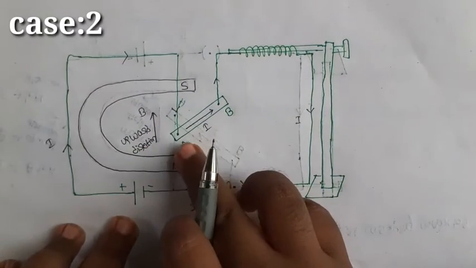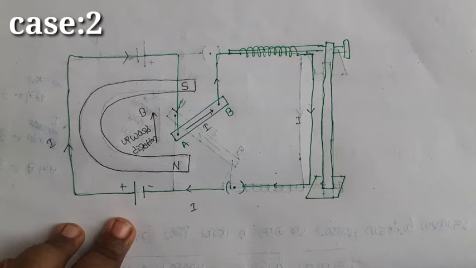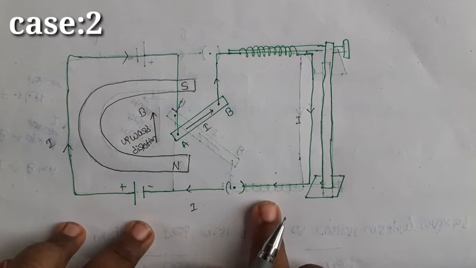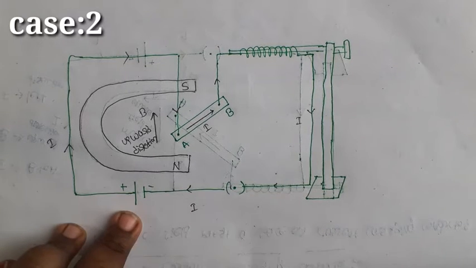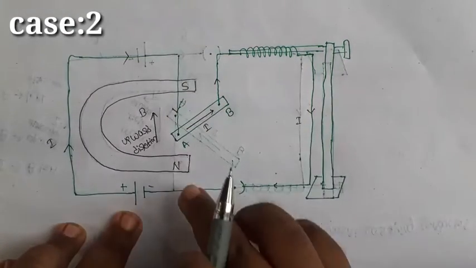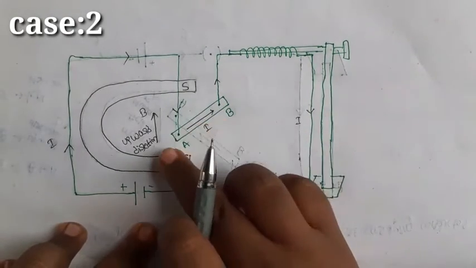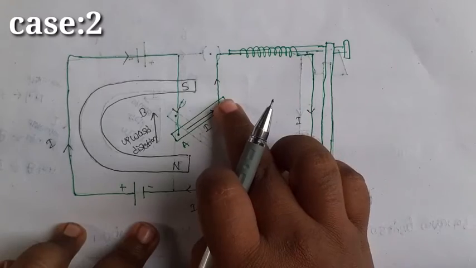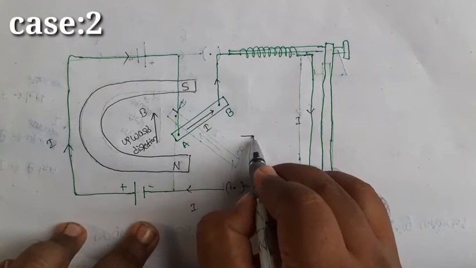The current direction is A to B. When you switch on the electric circuit, it exerts some force on the conductor. Due to that force, the displacement of the conductor is toward the right side.